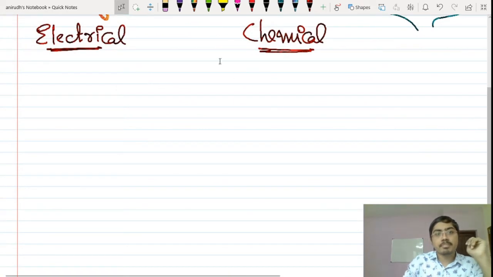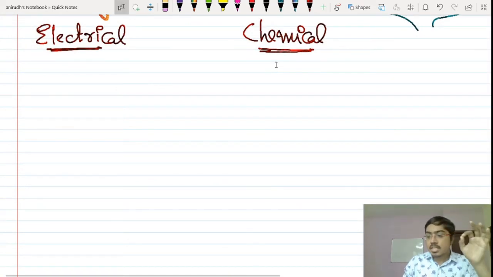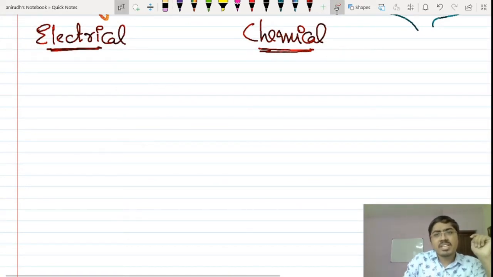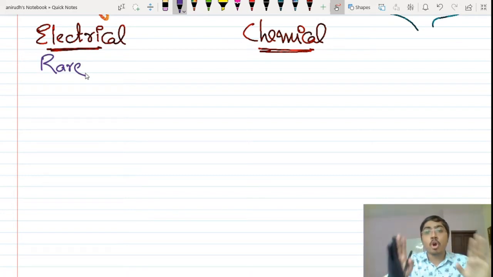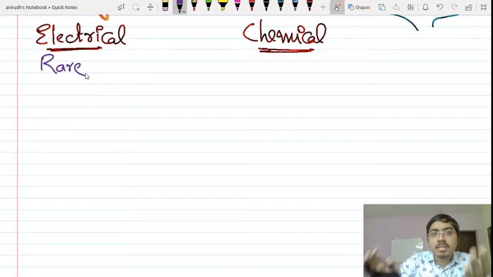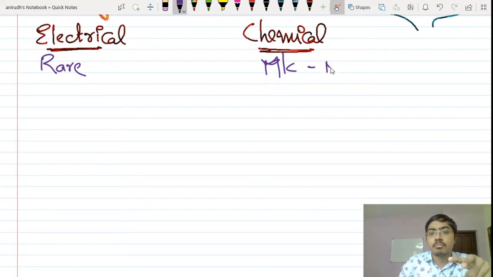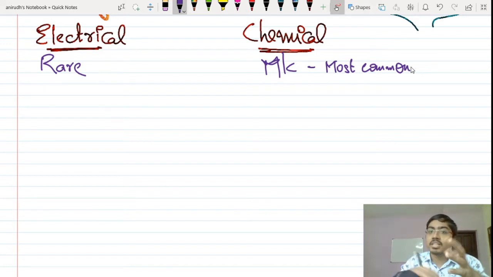Very important. Okay. So electrical synapses, the first point, are rare in our system. In our body, the most common synapses, the maximum number of synapses, are chemical. So this is the sign that I use for most common. After you clear your NEET exam, you get into MBBS and you start learning for the next exam waiting for you after your MBBS.